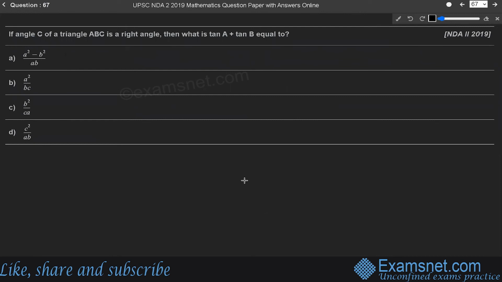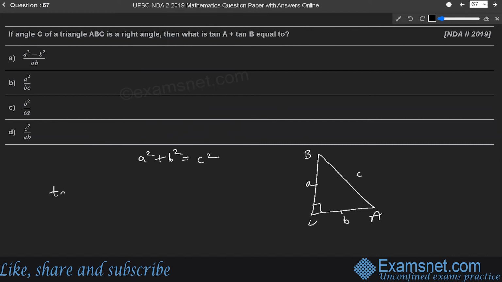If angle C of a triangle ABC is a right angle, then what is tan A plus tan B equal to? It is given that triangle ABC is right angled at C. Then we know that a square plus b square will be equal to c square, considering this triangle ABC, which is right angled at C. So the sides will be a, b and c.